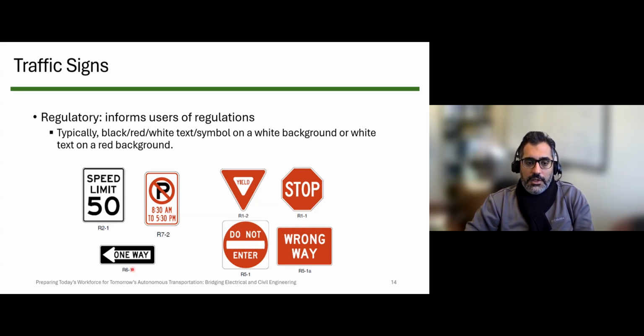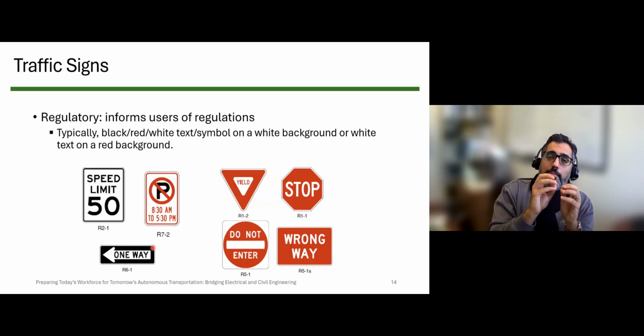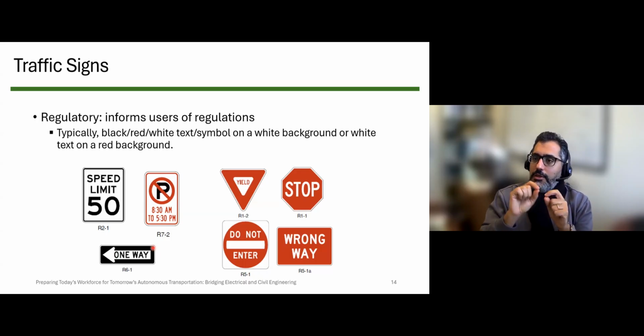Look at the other one, a one-way traffic sign. This is very rare to have a black background. This is probably, again, to make sure that this unique message is conveyed in a unique way. A black background, a white arrow, and black text.